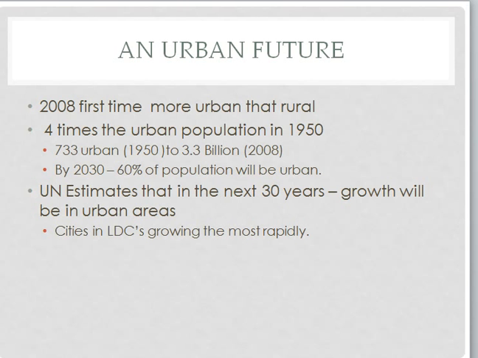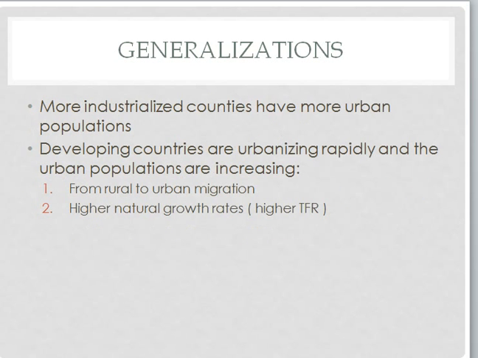And this is going to be seen primarily in less developed countries. They're going to grow more rapidly, and that will come at a huge cost. So as we learned, more developed countries tend to be more industrialized, and so they have larger urban centers. And again, this growth in cities is coming from two functions.